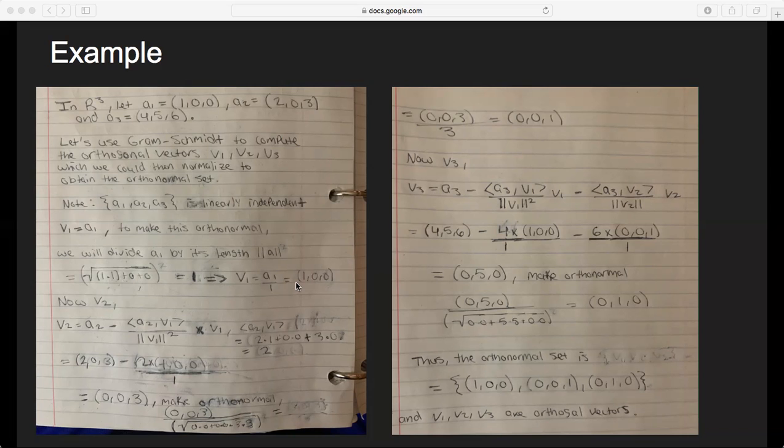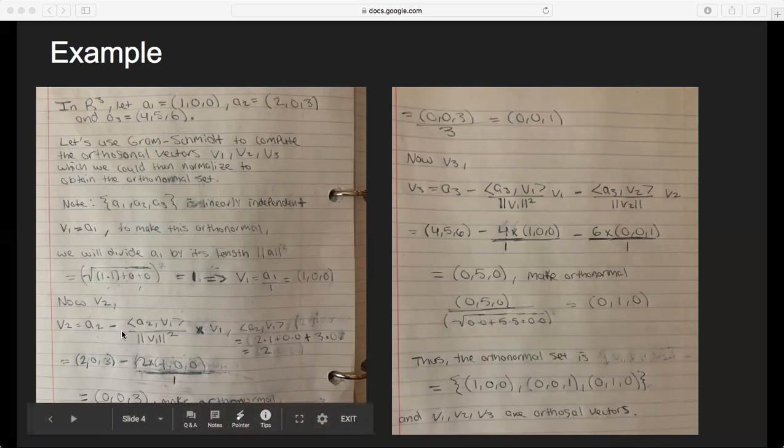Now we head on to V2. This is where we use the formula. A2 subtracted by the projection of A2 onto V1 times V1, divided by the length of V1 that we found previously, squared. When we do that, this is (2,0,3), this is A2, subtracted by 2, since this is the projection of A2 onto V1, 2 times (1,0,0), and divide that by 1.